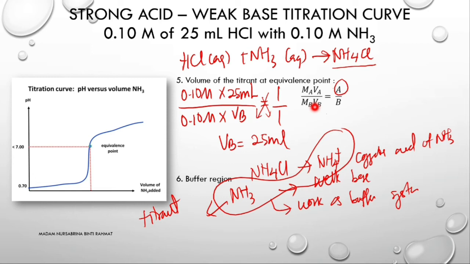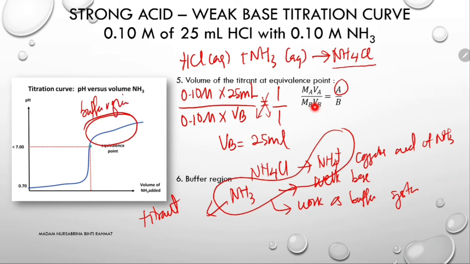After reaching the equivalence point, we slowly add more ammonia into the solution. So now we have in the solution our ammonia as well as our salt, ammonium chloride. Only these two are present in the solution, so they can work as a buffer system. So your buffer region is actually happening after the equivalence point.